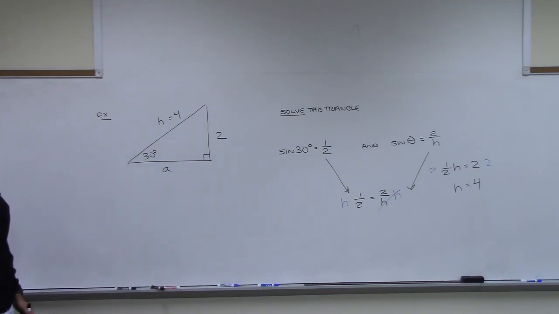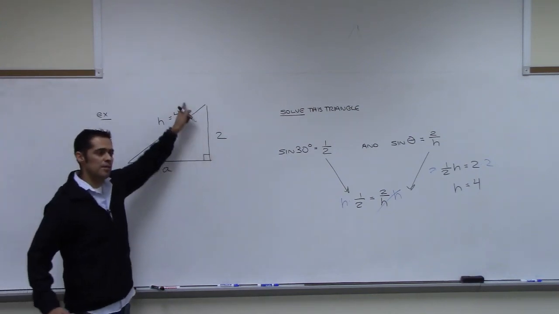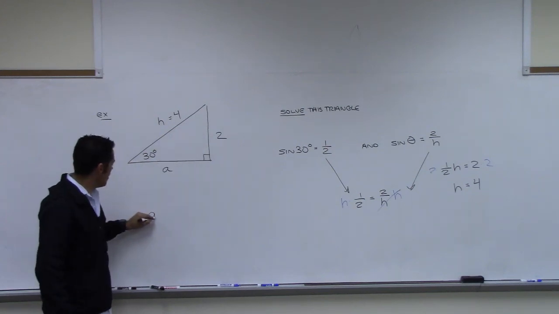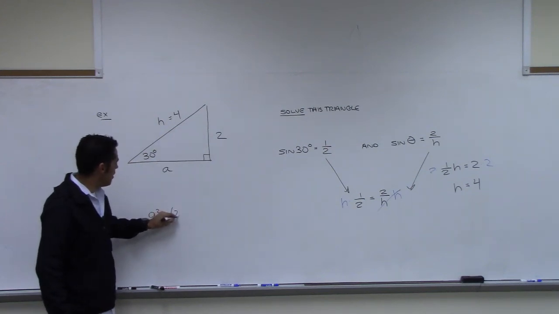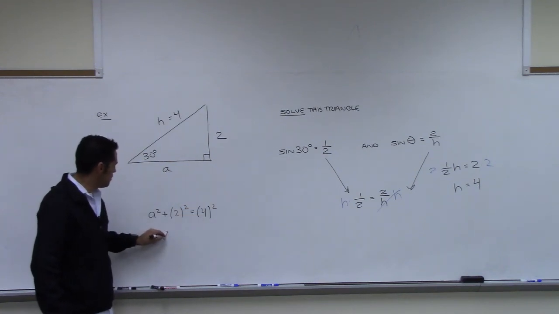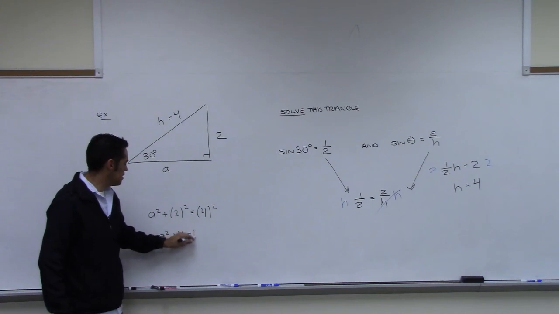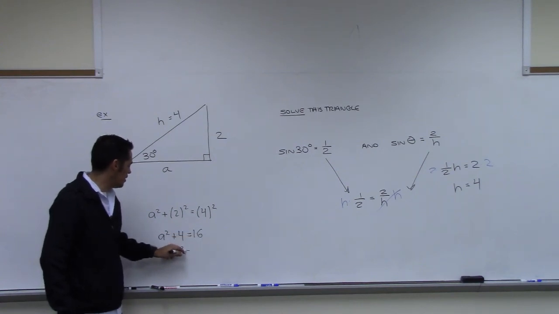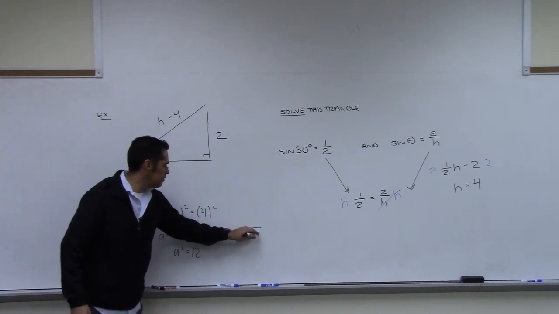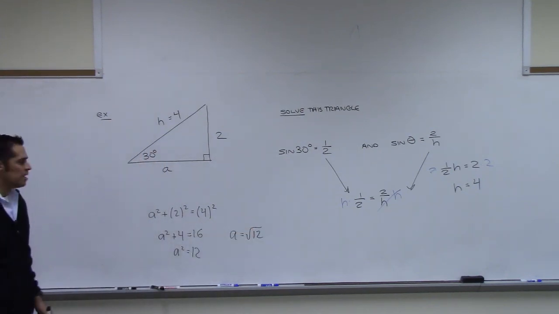I know what h is. Can I figure out a right now? Yes, because I know that a squared plus b squared is c squared. So I can go to the Pythagorean identity now, and I can just say a squared plus 2 squared must equal 4 squared. And so a squared plus 4 equals 16, which means a squared is 12, which means a is root 12, taking the square root on both sides.